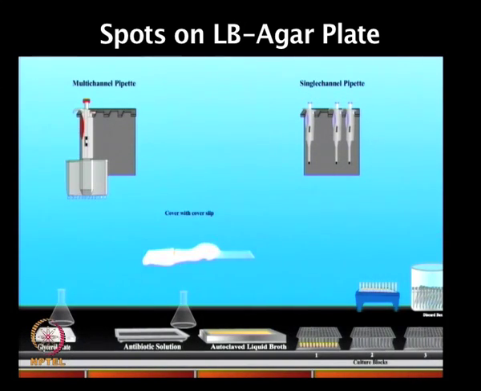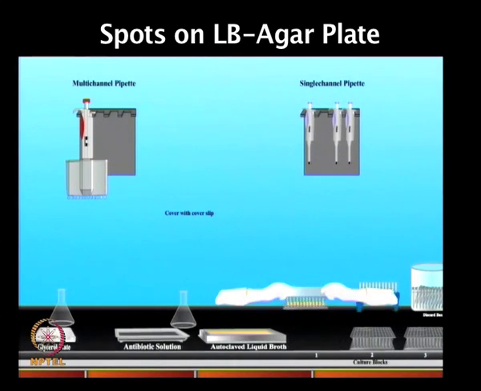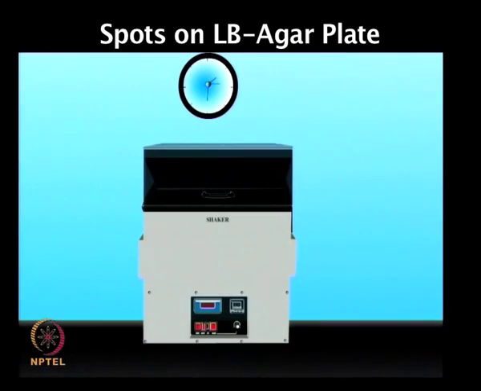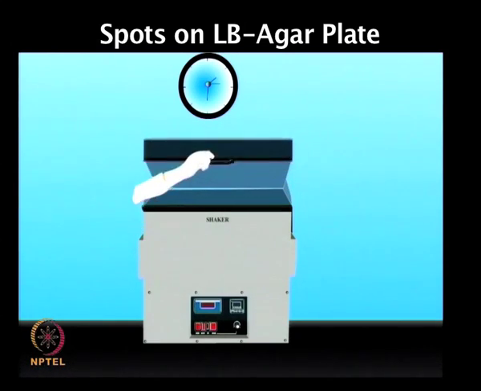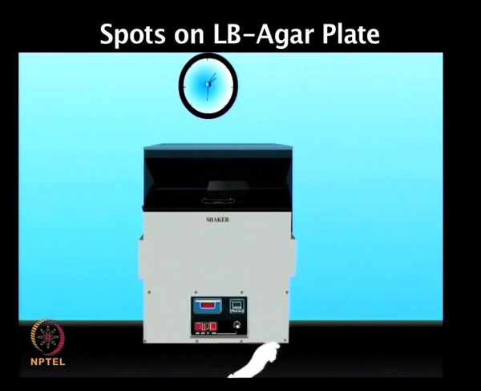Similarly, you can fill all the wells. Now cover the deep well block with a permeable seal. Ensure that sealing is proper and then incubate the cultures on a shaker. You can grow the culture at 37 degrees at 300 rpm. Ensure that shaking is uniform.